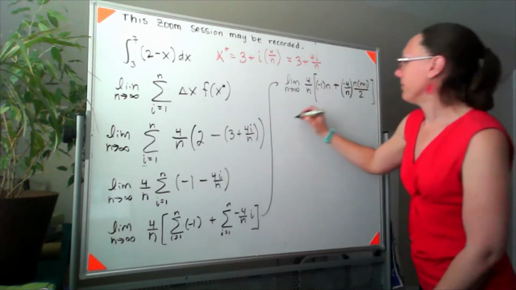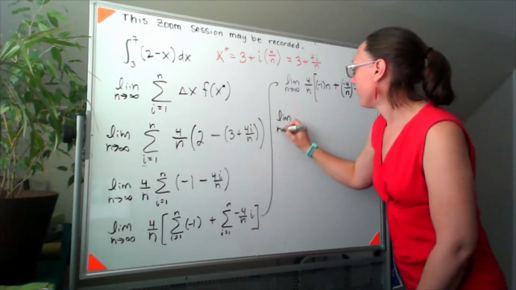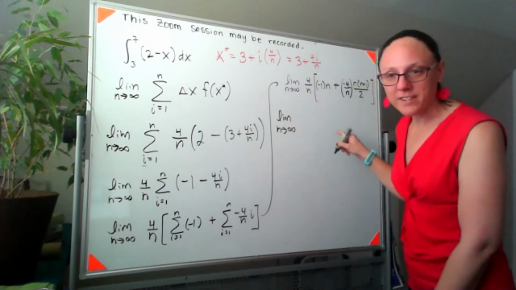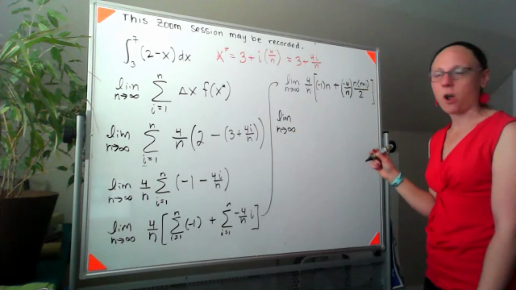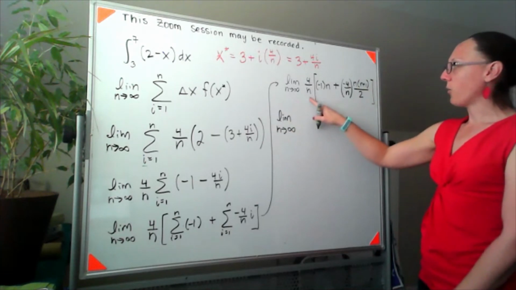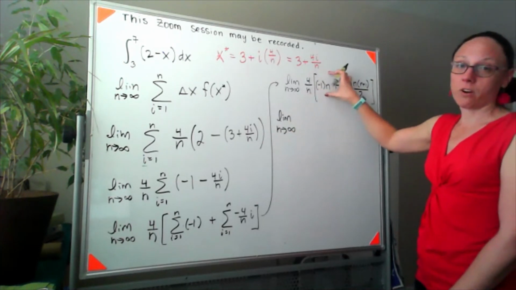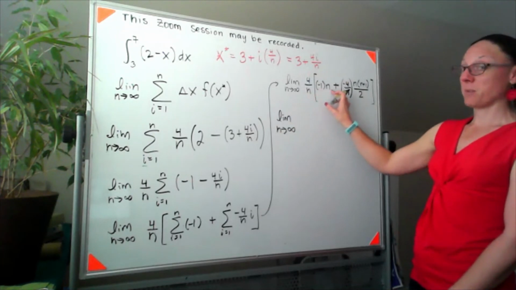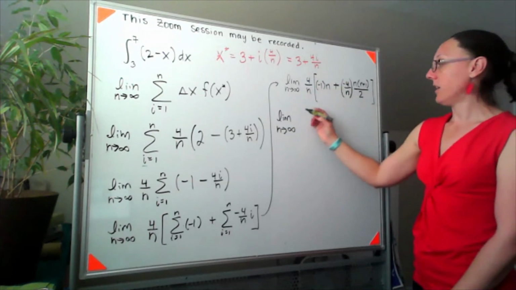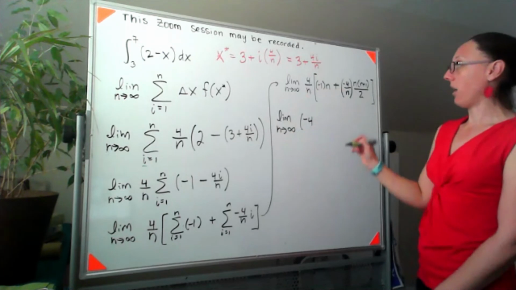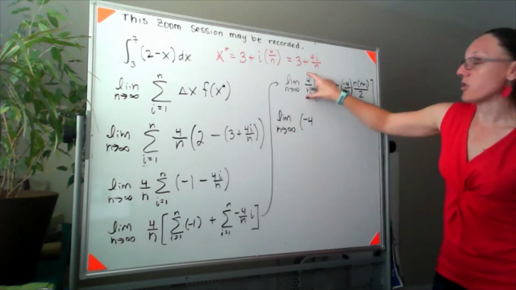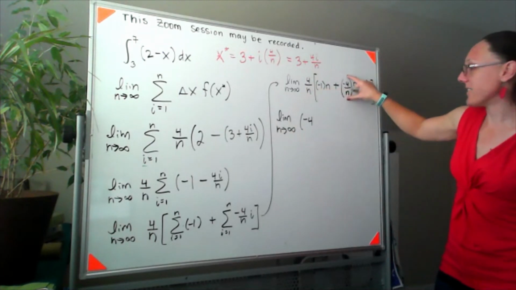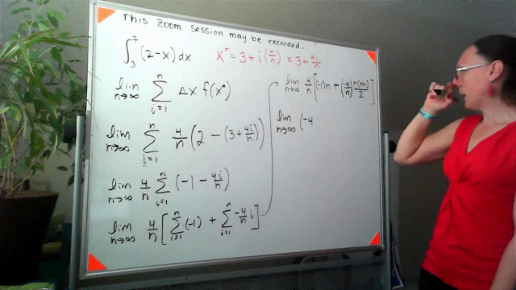Now for the fun part. I'm going to do this next part pretty quick because I know that it's almost 1 o'clock. So as I distribute that 4 over n in, on that first piece, my n's are going to cancel. I'm going to end up with negative 4. When I distribute the 4 over n into the second piece, oh, you know what?